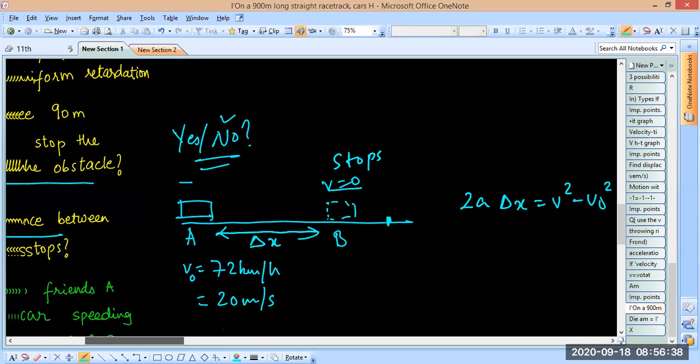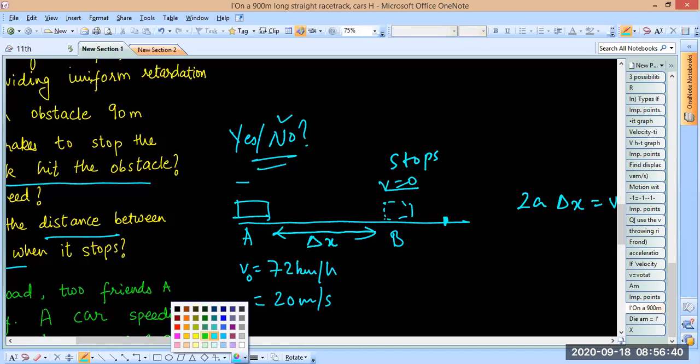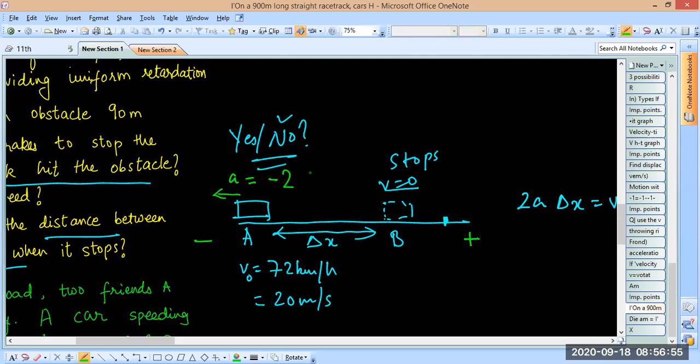Now the question is, what's acceleration? Well, acceleration has to be in opposite direction. I hope all of you realize that. So if you say right side is positive and left side is negative, then this acceleration will be minus 2.5 meter per second square, not plus 2.5. V0 will be 20.